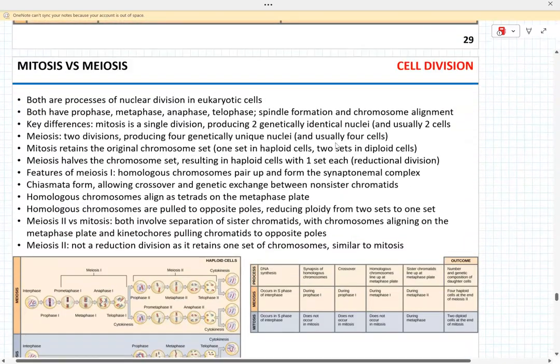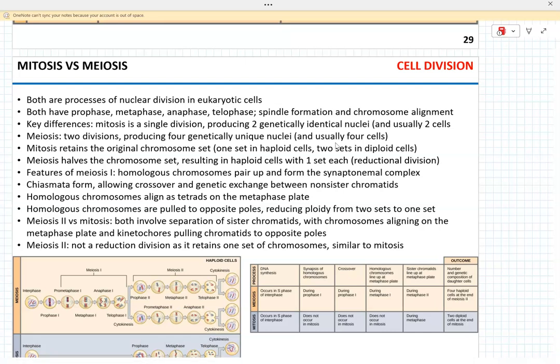Now, if we try to compare mitosis versus meiosis, there are some similarities, and there are also some differences. So both mitosis and meiosis involve nuclear division in eukaryotes. Both have prophase, metaphase, anaphase, telophase. In both cases the spindle is formed, chromosomes are aligned at the equator.